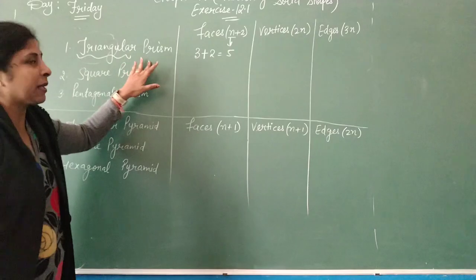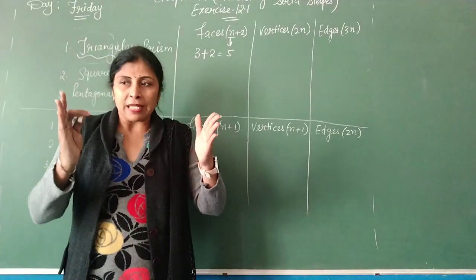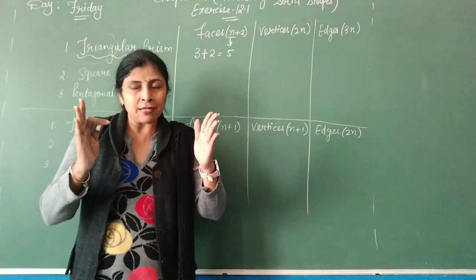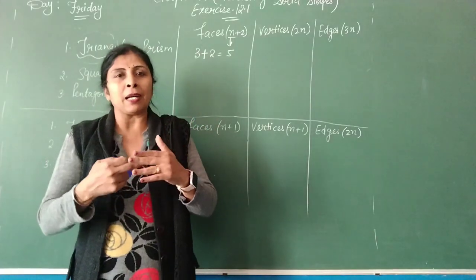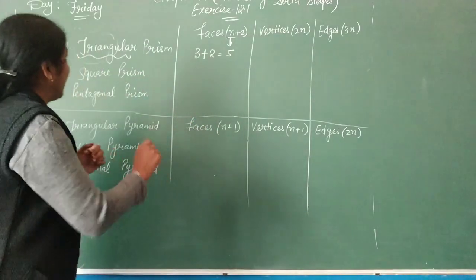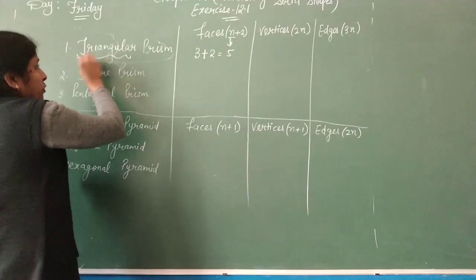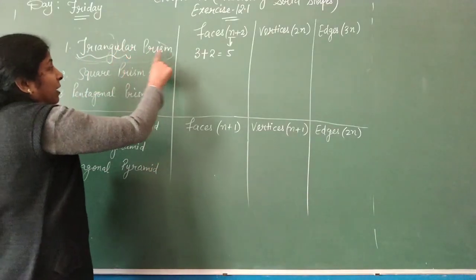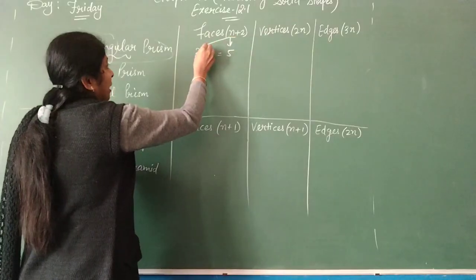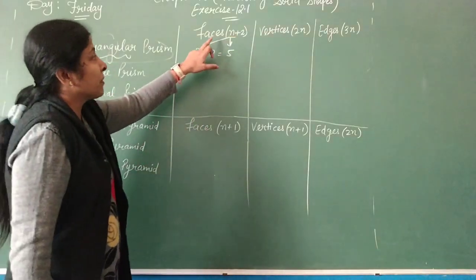In a triangular prism, there are 2 base faces whose shape is triangle and the lateral faces are of rectangular shape. And as its name shows, there is a triangle hidden and the number of sides in triangle is 3. So you can take value of n as 3 here.